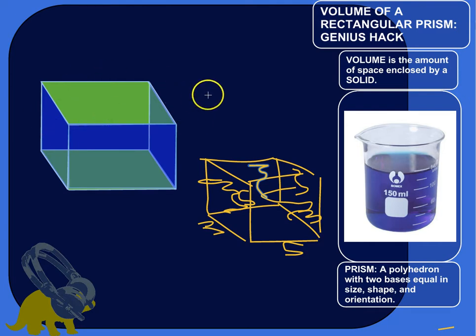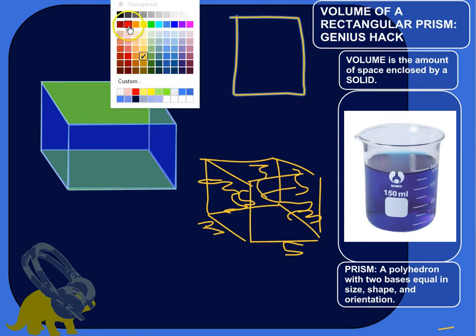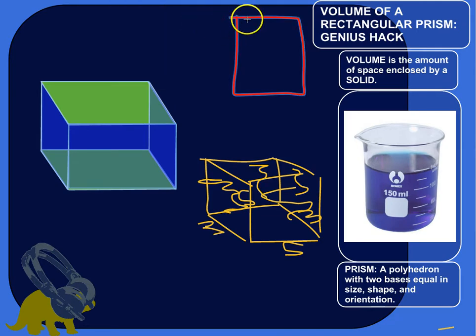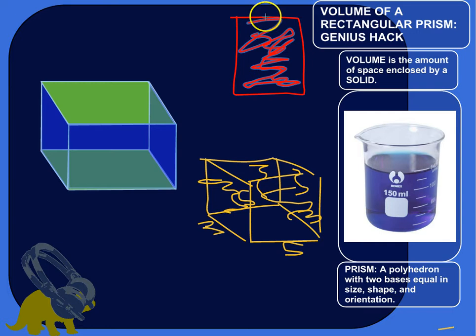So how would we find the volume enclosed by that? Well, volume is kind of like area. When you're only dealing with two dimensions, let's say we've got this two-dimensional figure here, the area of that object is the amount of space enclosed by its sides.